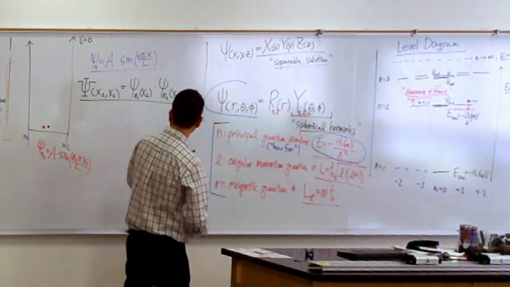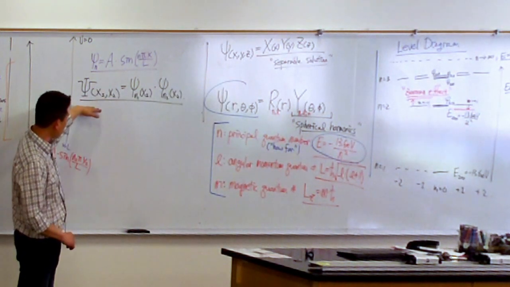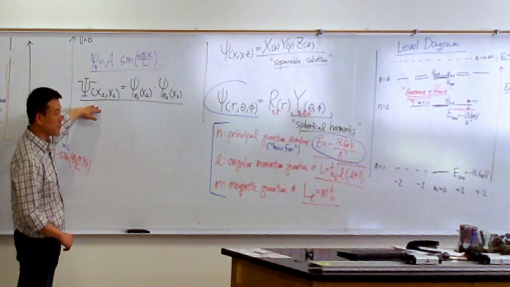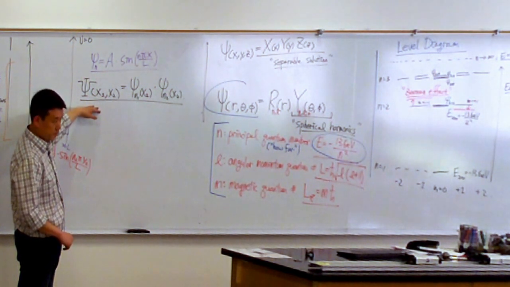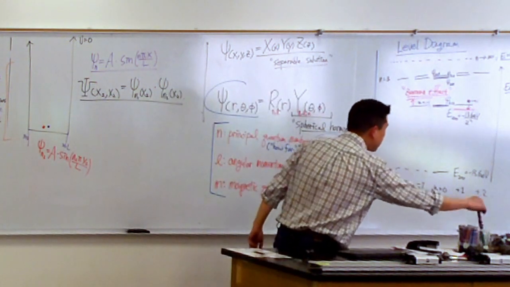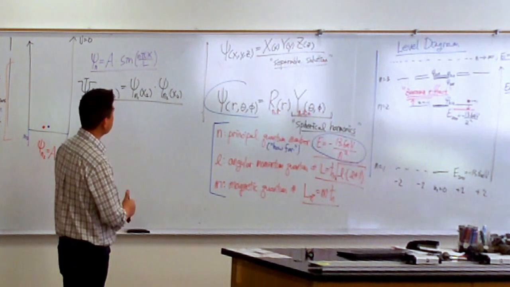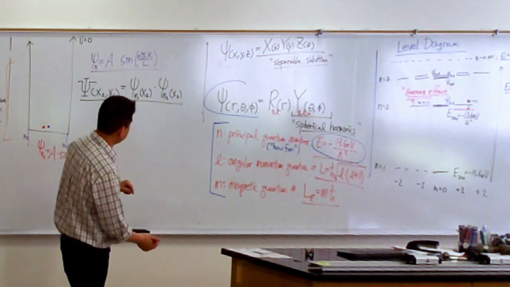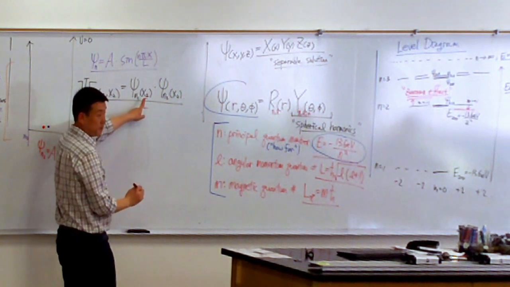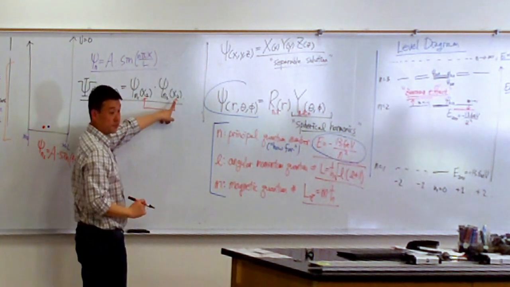So this is what it means. When you have a total wave function like this, it needs to obey a particular kind of exchange symmetry. Meaning, if I swap the particle identities, in this particular case what that would mean is I take this position of particle 1 and swap it with this position of particle 2.